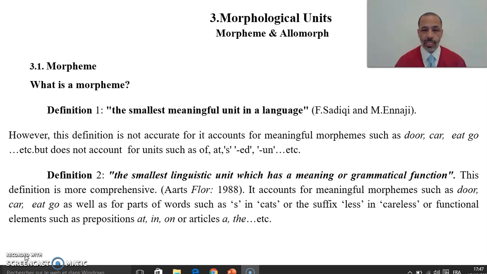Another definition, which I think is more comprehensive, states that the morpheme is the smallest linguistic unit which has a meaning or a grammatical function.